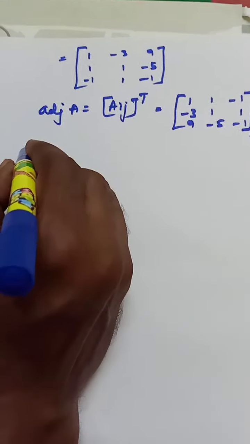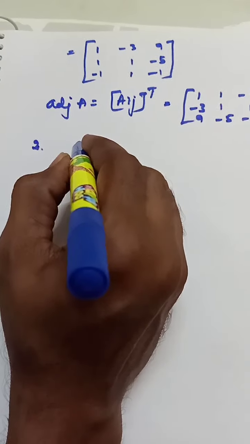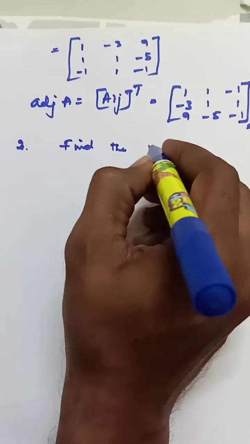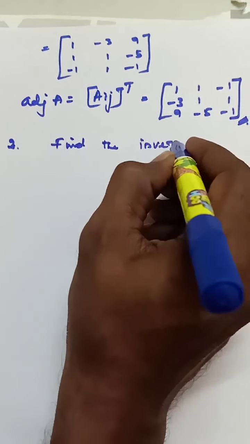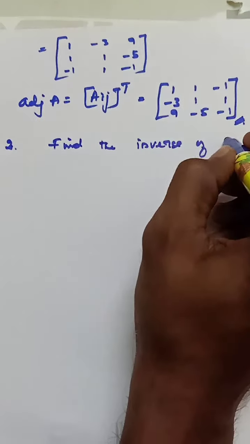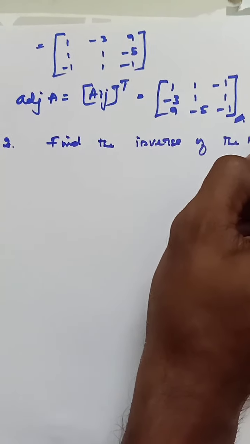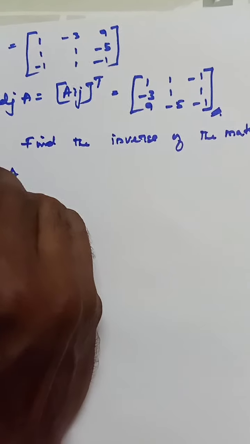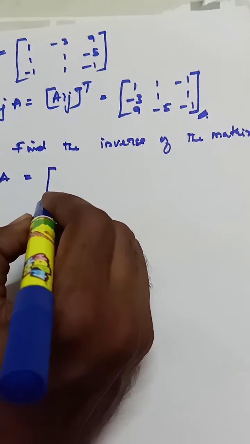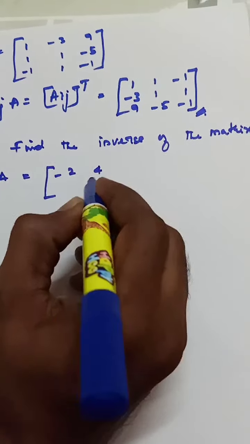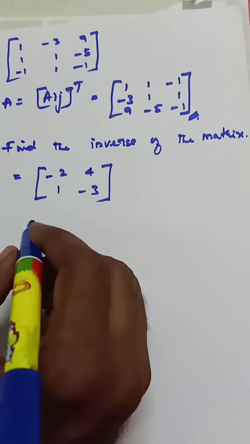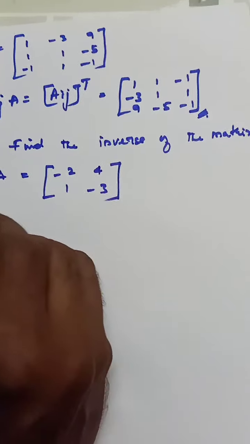Now your second question: find the inverse of the matrix. The first one, A is [-2 4; 1 -3]. It's 2 by 2, so easily we can find the answer.